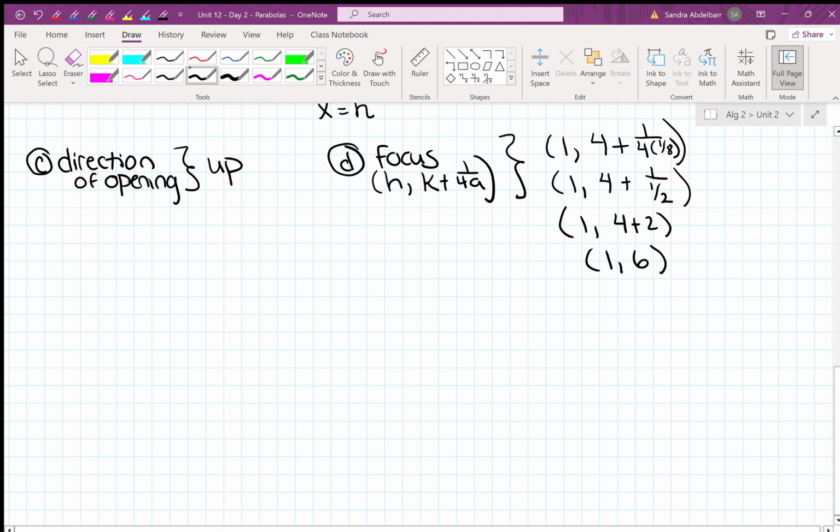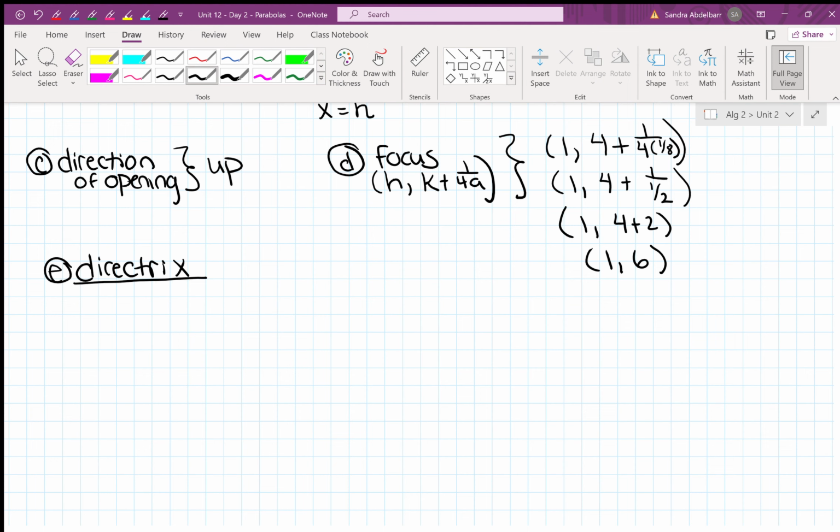I want our directrix. Because this is a vertical parabola, the equation for our directrix is y equals k minus 1 over 4a. So for the focus, it's plus. For the directrix, it's minus. So now we plug in.